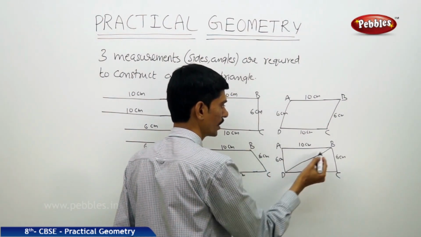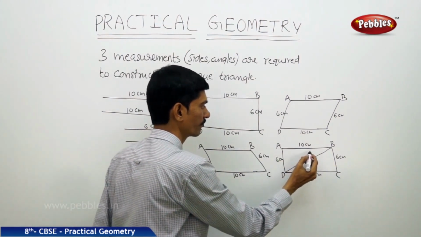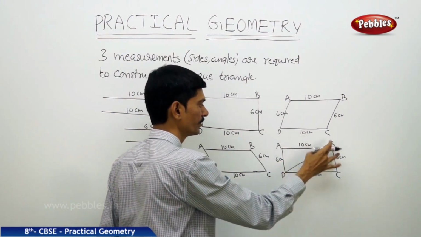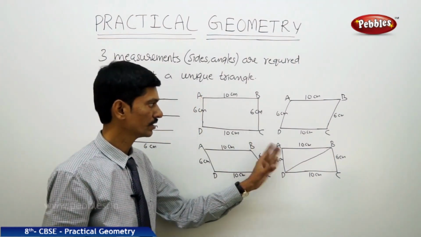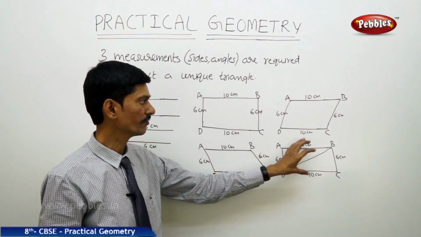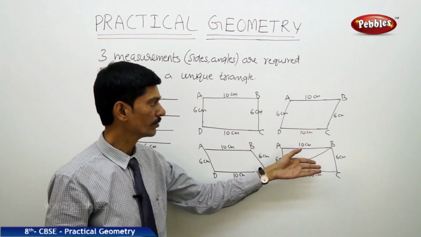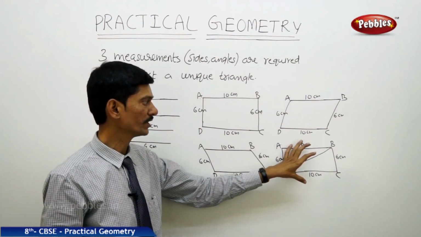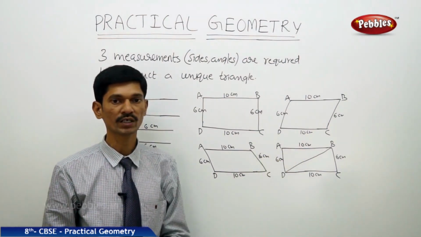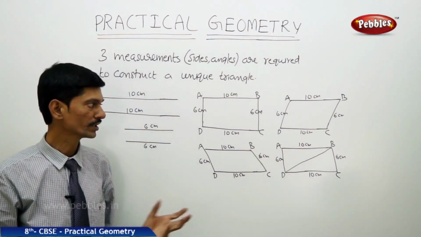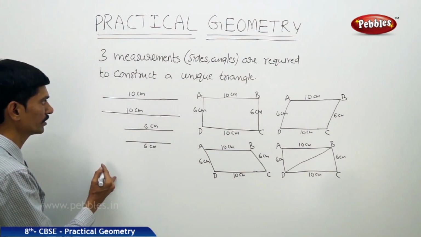So if you take another stick as the diagonal joining the vertices B and D, now there are 5 measurements including AB, BC, CD, DA and the diagonal BD. Now if you push the rectangle, its shape doesn't change, it may not open. The measurements will be the same. So we can understand that 5 measurements are required to construct a unique quadrilateral. So we need 5 measurements to construct a unique quadrilateral.